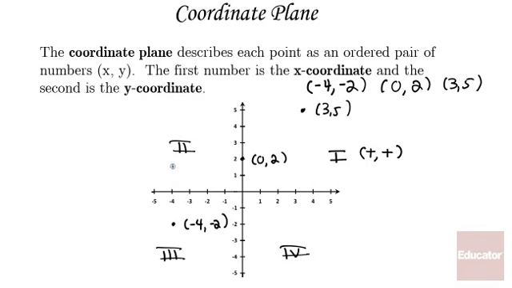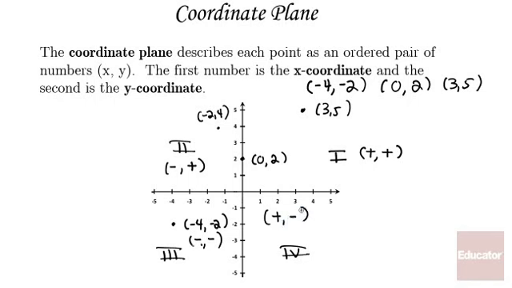In the second quadrant, you'll have a negative value for x and a positive value for y, such as -2, 4 would be an example. Third quadrant, both x and y are negative. And then in the fourth quadrant, x is positive, y is negative.